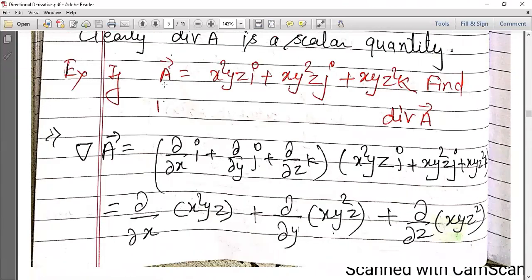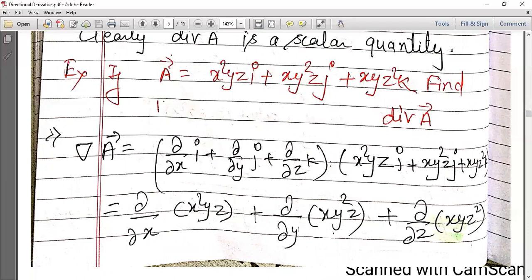So a small example here. We have a vector A, x square yz i, x y square z j, x y z square k. Find the divergence of A. So what we are doing is we are having del dot A, the del operator and the vector.